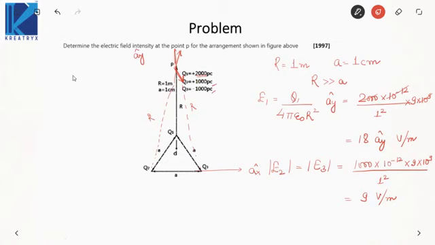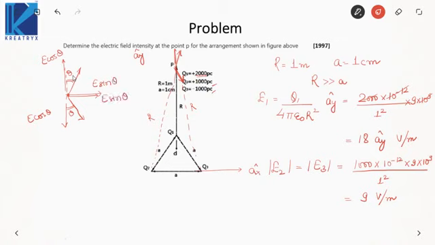So now at point P, there are two electric fields, one away and one towards. Suppose this is the angle theta. Now if you see, they are cancelling their vertical components, because the vertical components of both the fields are opposite, but their horizontal components are in the same direction.